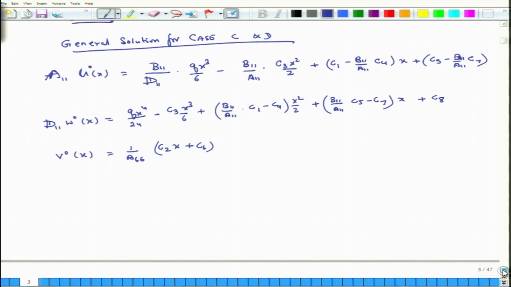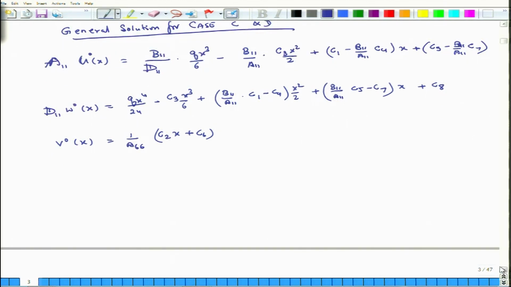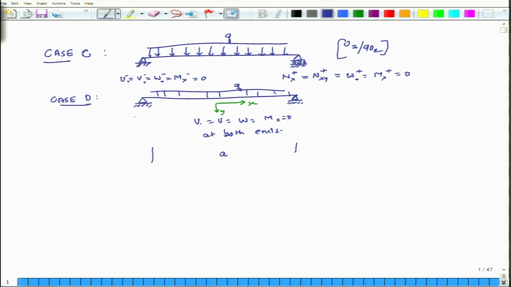So, now we apply the boundary conditions for case D. So, we go back and look at what the boundary conditions are. For case D, midplane displacements u, v and w and mx are 0 at both the ends, okay. So, these are 8 boundary conditions, 4 boundary conditions on one end, 4 on the other end.